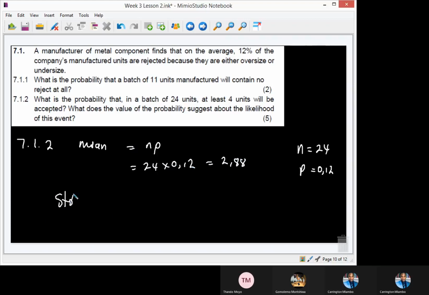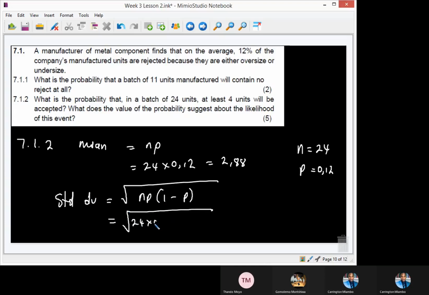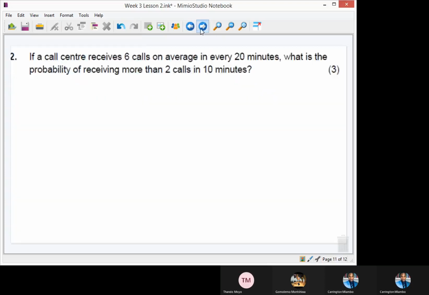Then standard deviation is equal to the root of NP open bracket 1 minus P, which is root of 24 times 0.12 times open bracket 1 minus 0.12. Then the root of that, you get your standard deviation 1.5919. Easy like that. Right. That's how they can ask you to do this.